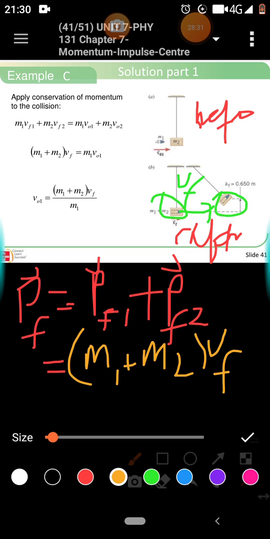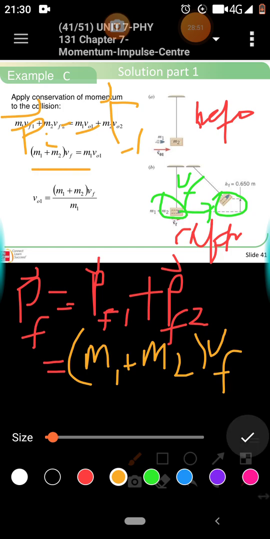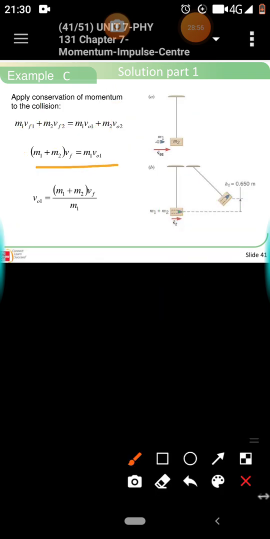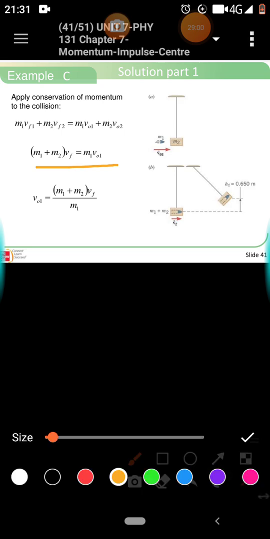Now we say initial momentum is equal to final momentum. When you do that, you'll get this equation. Since we want the initial velocity of the bullet, we make this the subject of the formula. So we have this equation. But as you can see, we are not given the final velocity.